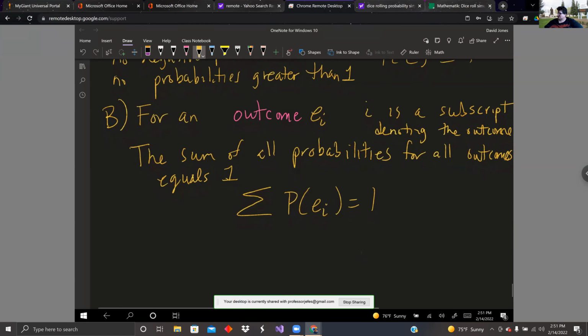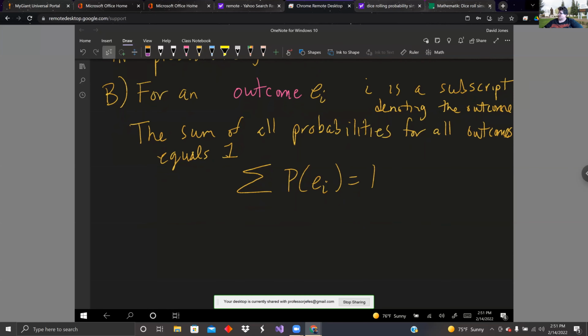And when we calculate it, it's calculated like relative frequency.